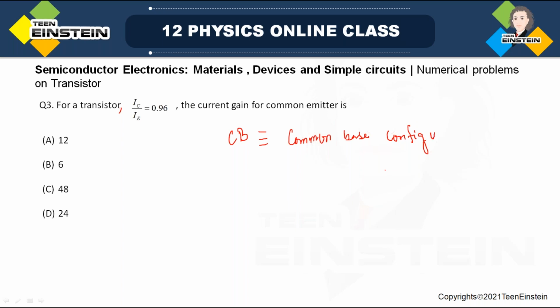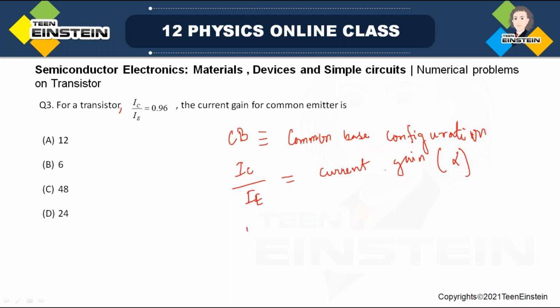In case of common base configuration, the ratio IC by IE is the current gain, small signal current gain, and it is denoted by alpha.